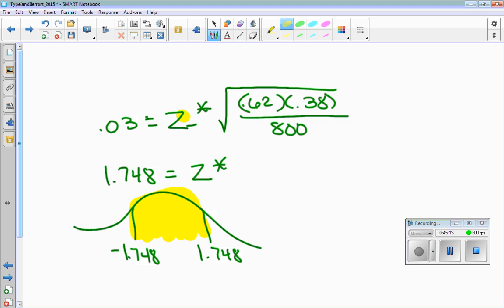And because it's a z value, our mean is 0 and our standard deviation is 1. So if you just type in normal CDF from negative 1.748 to positive 1.748, a mean of 0, a standard deviation of 1, because they're z-scores, right? We get about 92% confidence.